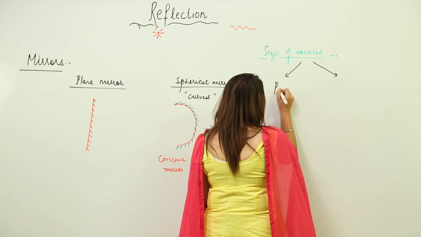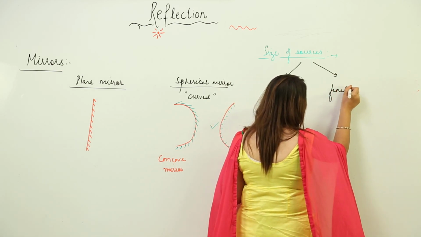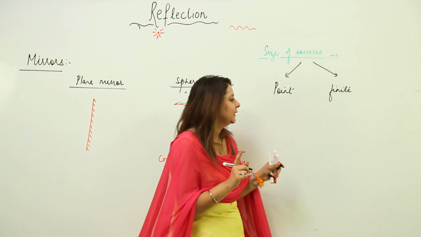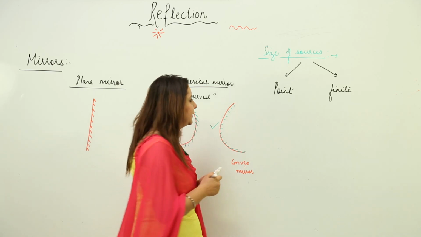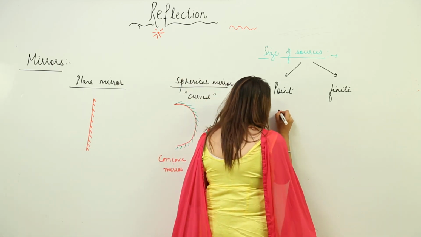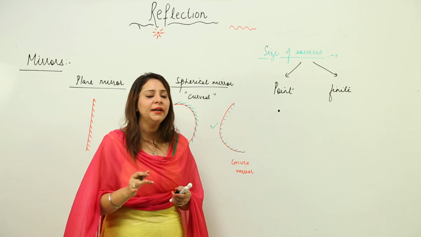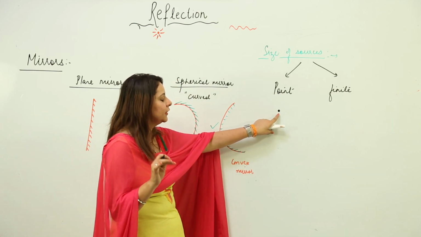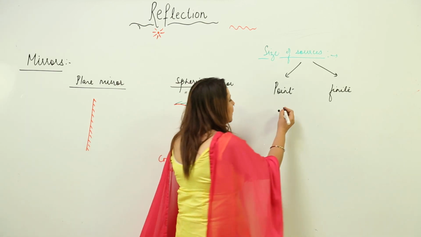One is the point source, the other is the finite source. Not infinite, it is finite. So how are you going to signify a point source in the ray diagram? We will just put a dot. Whenever you have a dot and rays of light are coming from it, it should click in your mind that it is a point source. So you are going to represent it by a dot.